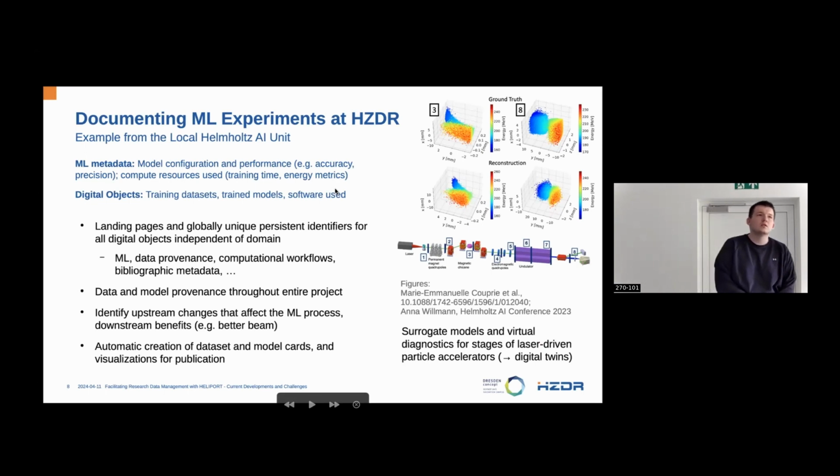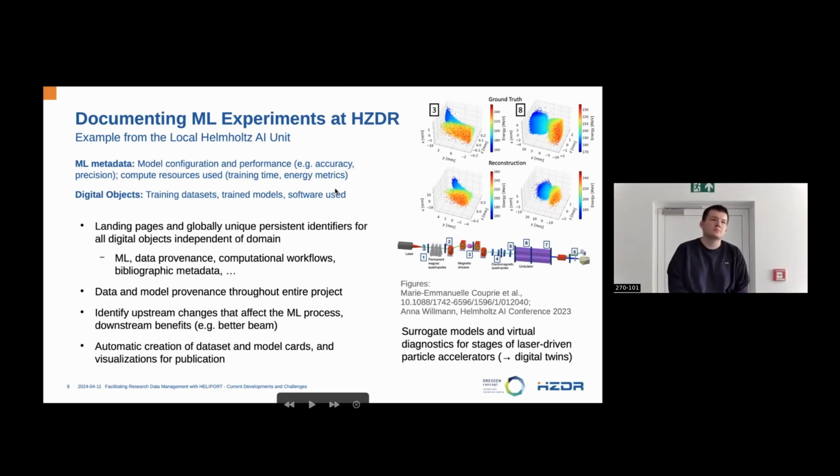And our idea was that we could use HELIPORT to document this in a better way than purely machine learning focused tools could. For example, we can use HELIPORT to describe these digital objects that are created in different domains.